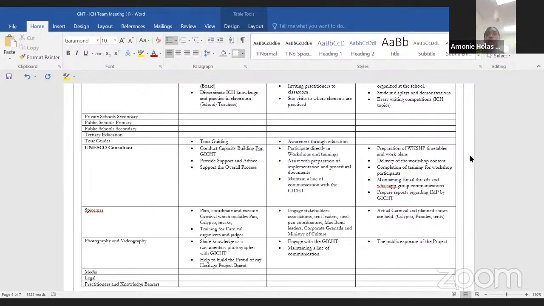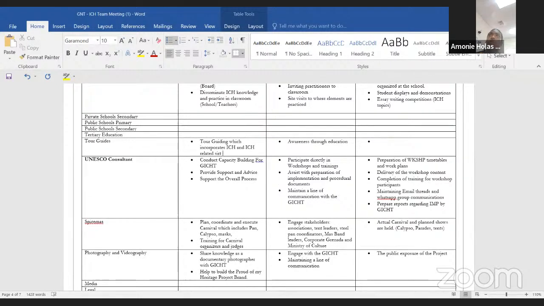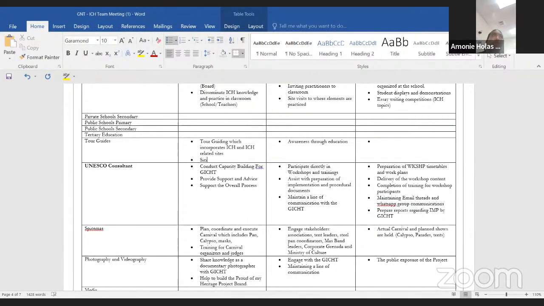So I'm a firm believer in conservation through education. So in practice, I can incorporate ICH elements and information in tours, as well as adding different ICH sites in Grenada. And for evidence, video documentation, as well as social media presence through reels and blogs, as well as feedback through reviews.